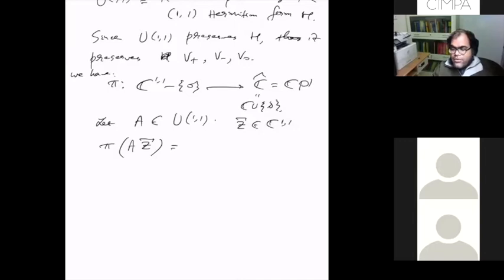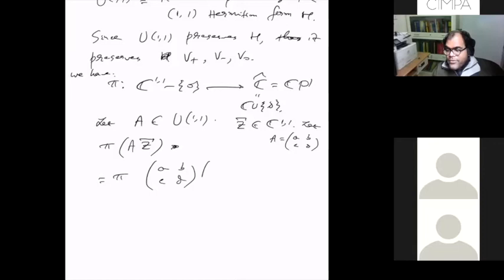So you let A be (A, B, C, D). Okay, so this is essentially what you do. This is π of (A, B, C, D) applied to Z, and you have to choose a representative of Z in CP^1.